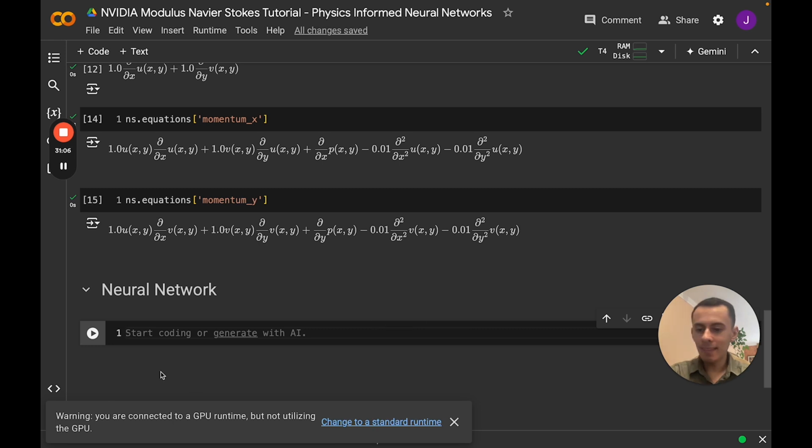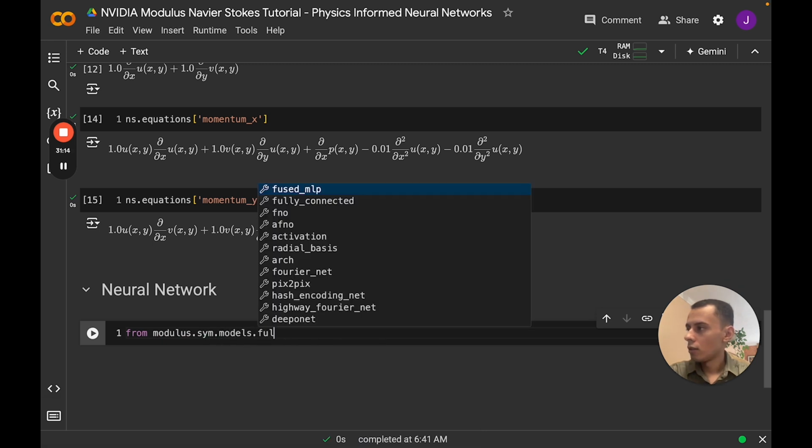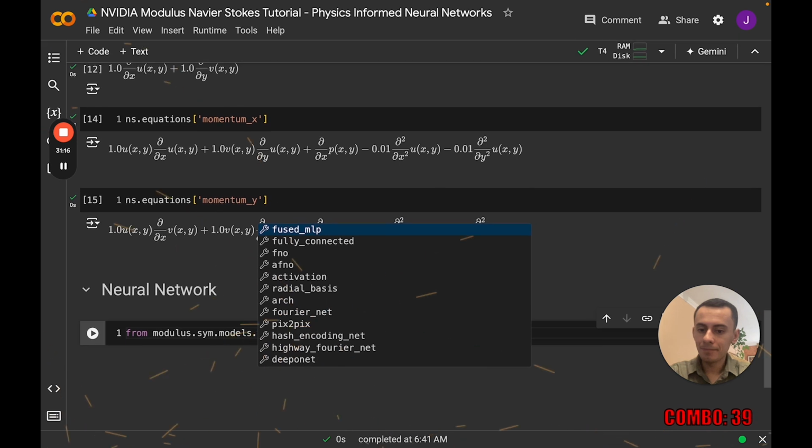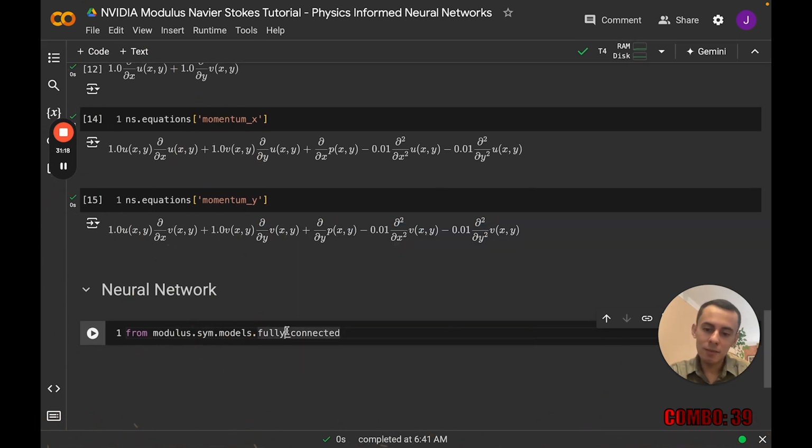So we need, again, from Modulus sim models, fully connected. Look at that, it makes sense, right? It's very well broken down. Symbolic models. Well, in this case, it's more about the neural network.